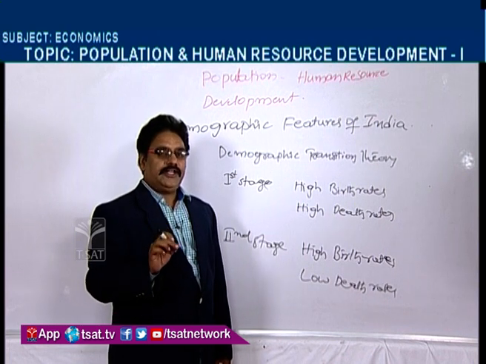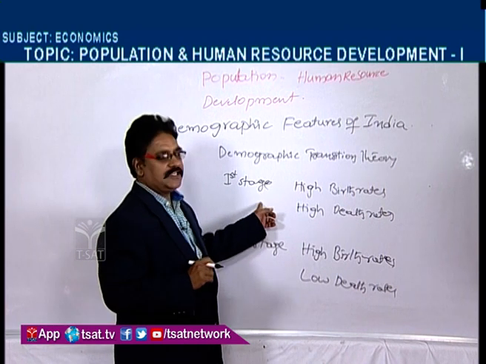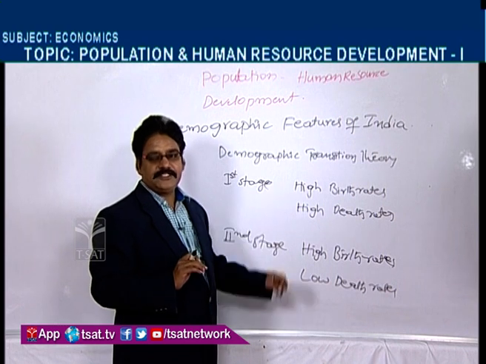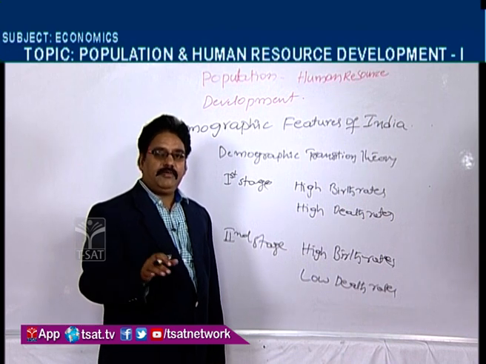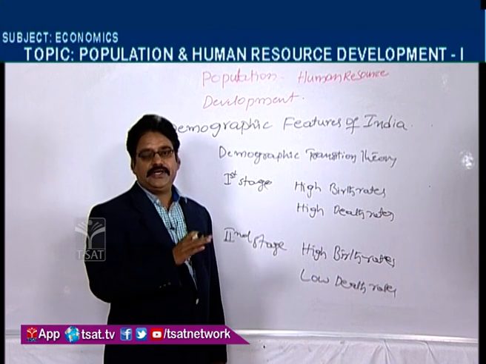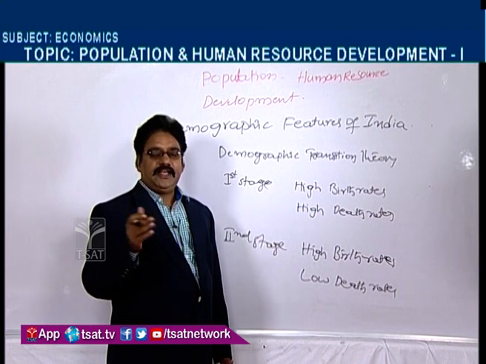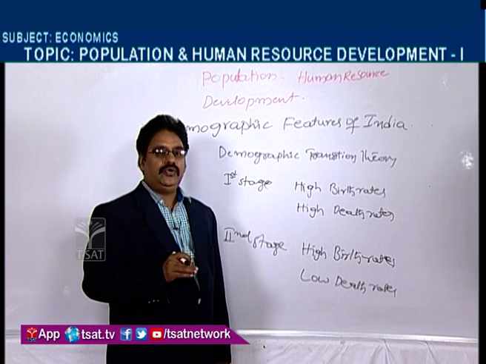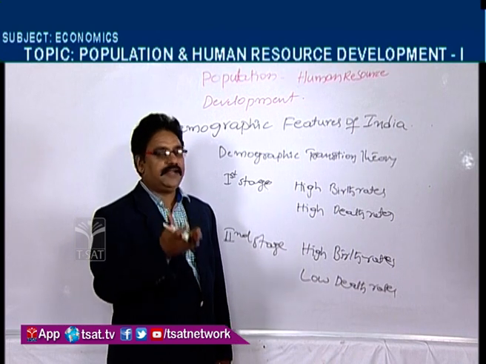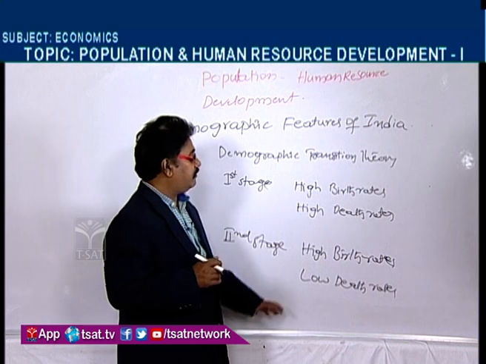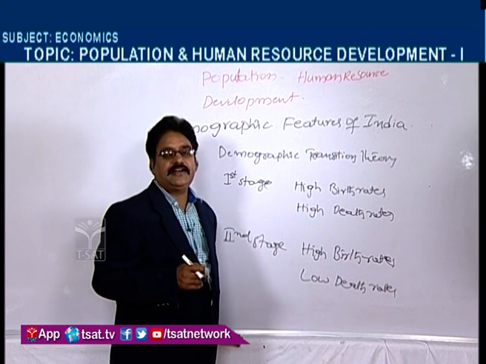The reason for the low death rates is that during the process of economic progress the country has crossed the first stage and is in the process of developing. They provided some facilities, controlled epidemics and provided health facilities to the people. So the death rate declined considerably. But high birth rates did not decline as the death rates did.